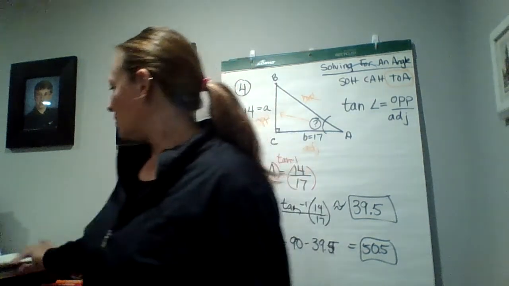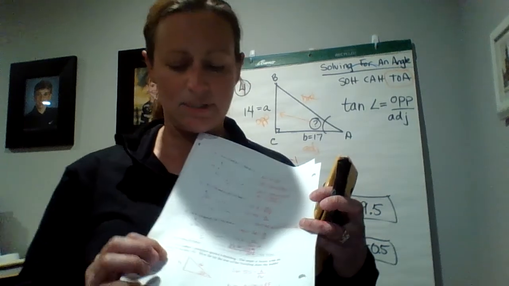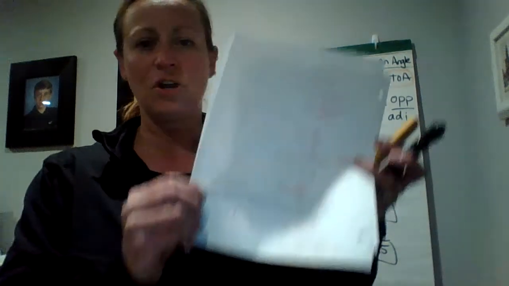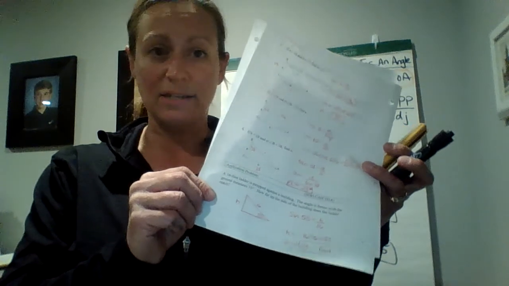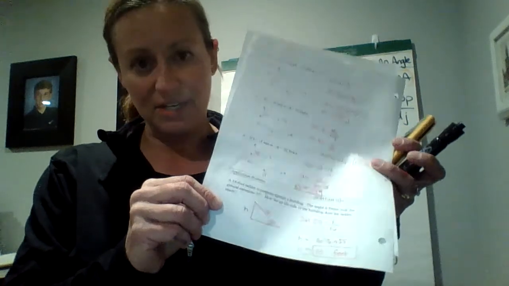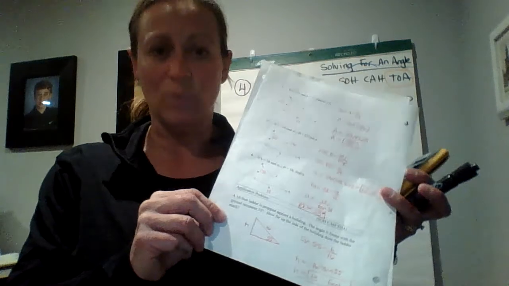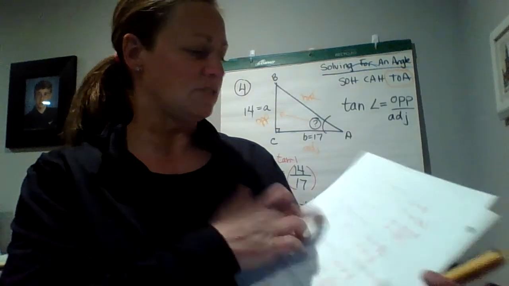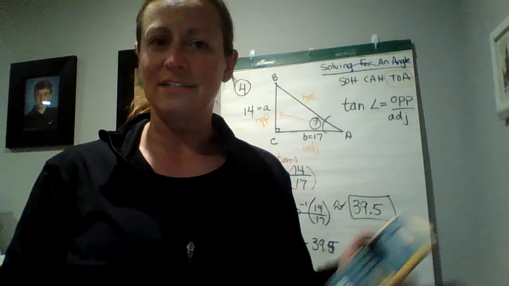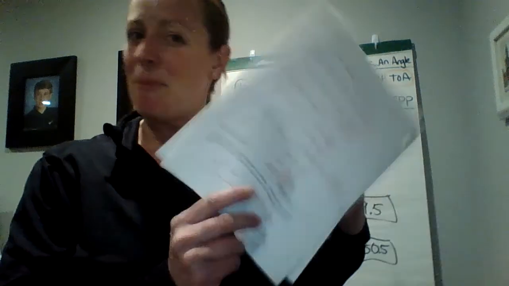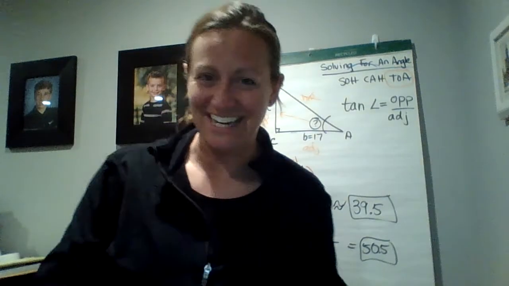The ladder problem at the bottom, see how it says application problem with the ladder? We already did that problem in our notes. So you could just refer back to that and copy it in there again, just so you get more practice. But you're going to do numbers 5 and 6, and you're going to take a picture of your results and send it to me if you didn't see me holding up the answer in this video.